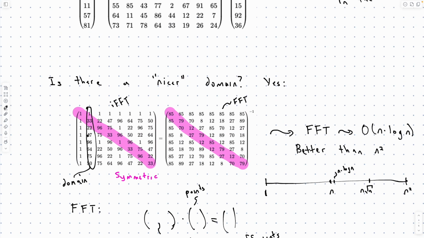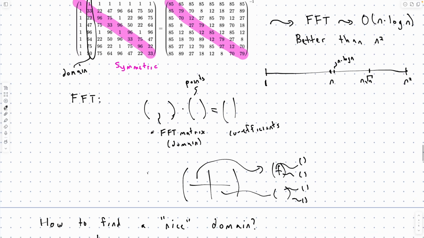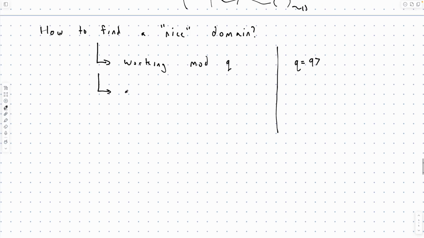You have a certain number of points, which is the number of the coefficients, which is the degree plus 1. So we're working with a domain of size d plus 1. Okay, so this is the number of coefficients and also the number of points that we're evaluating.